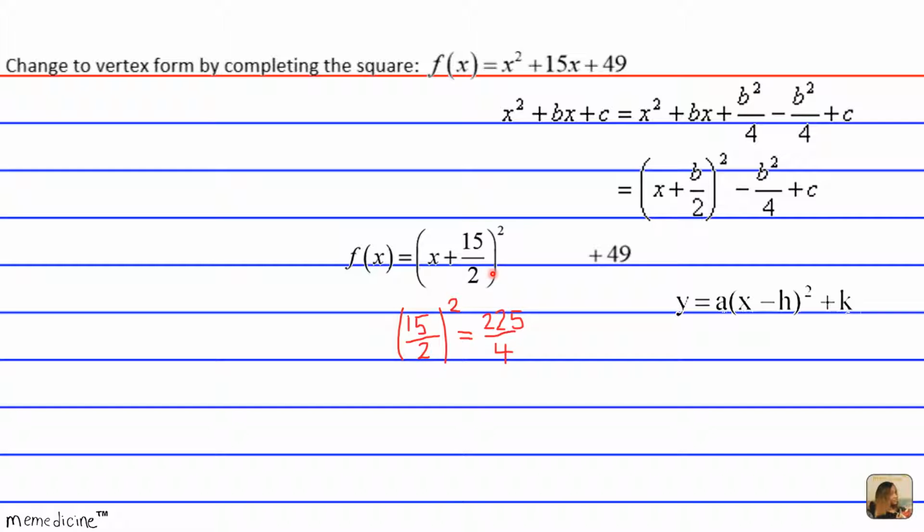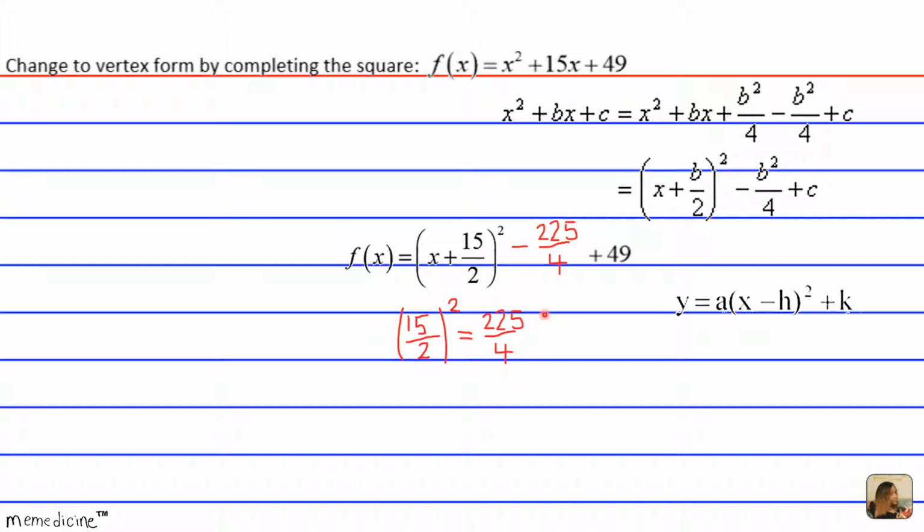So if we're basically adding 225 over 4 by grouping x plus 15 over 2 squared, if we were to multiply it out, we'd wind up with x squared plus 15x plus 225 over 4. So now we have to subtract this so that we don't change anything.